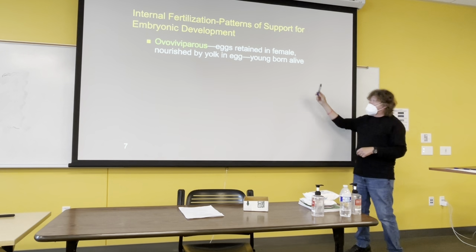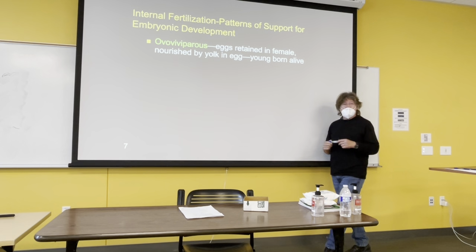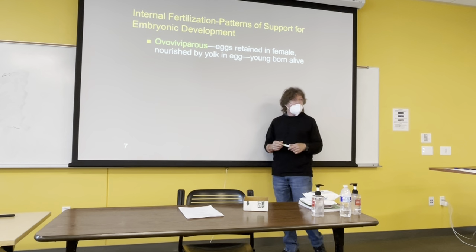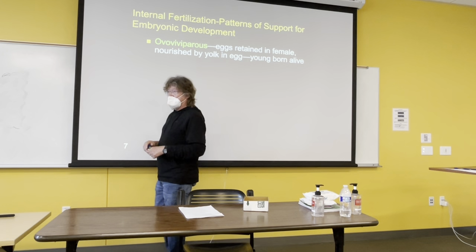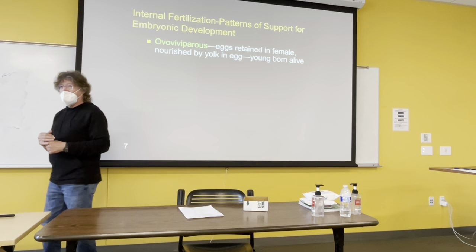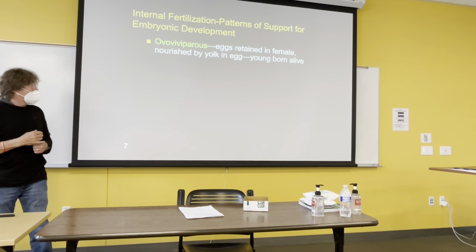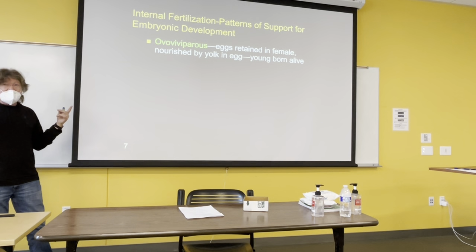Now, what do you think the evolutionary advantage would be of this type of thing? Keeps them from being eaten. Yeah, because usually the oviparous critters just lay eggs and run away. They're open to anything coming in and eating them. But here, they protect the eggs. Now, there's both an advantage and a disadvantage.